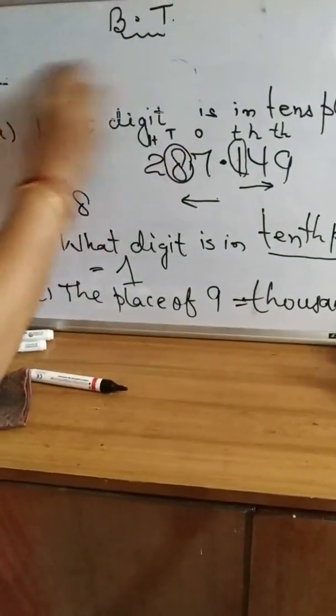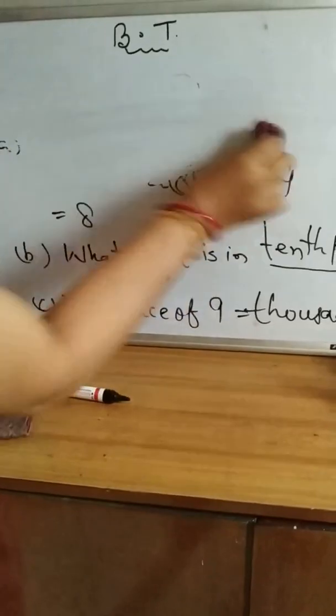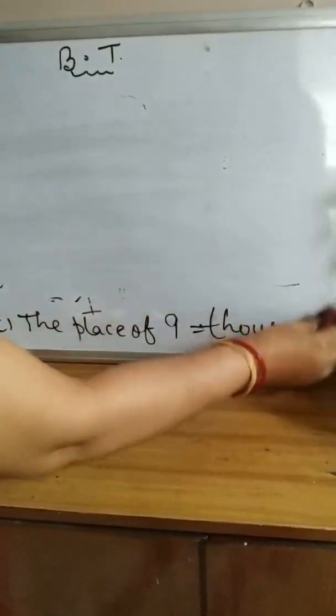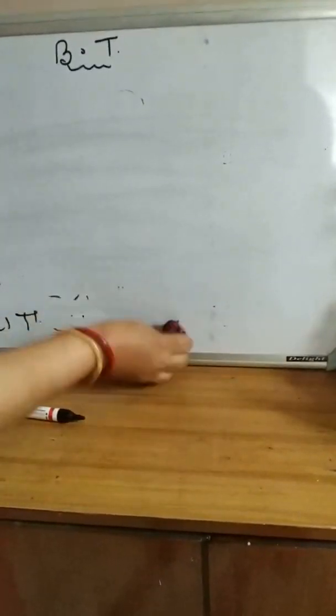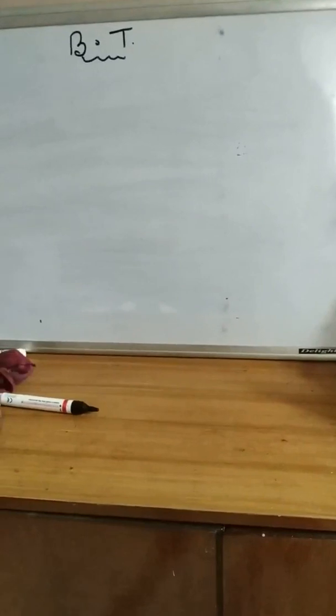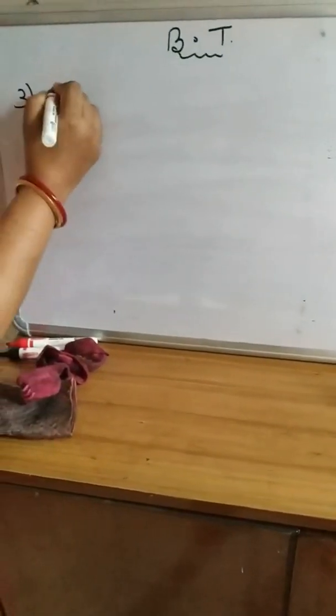Now come to question number 3. In question number 3, you have to write as a decimal number.